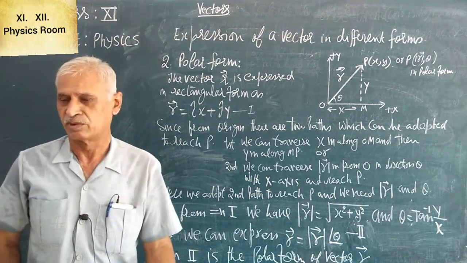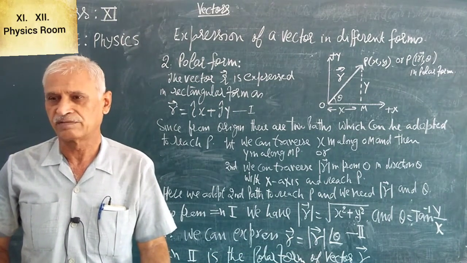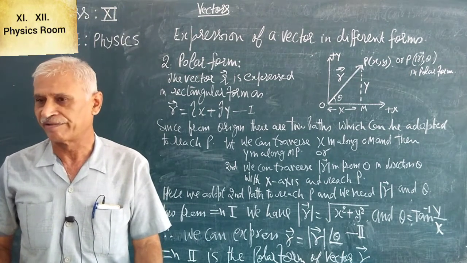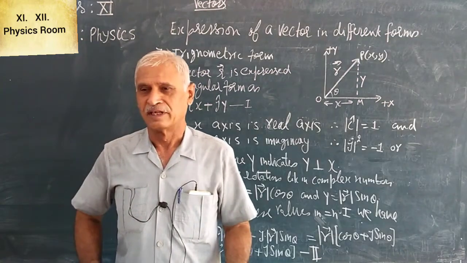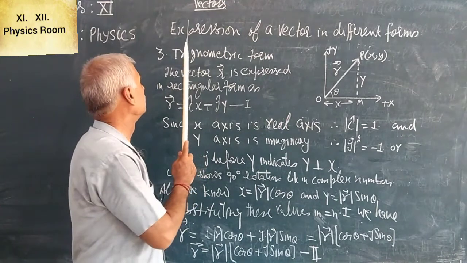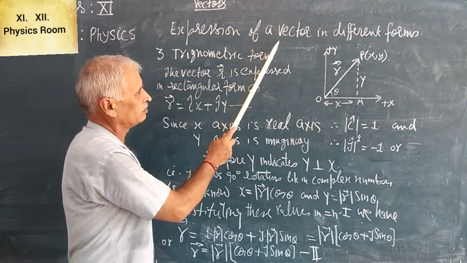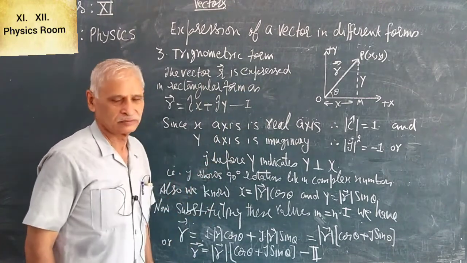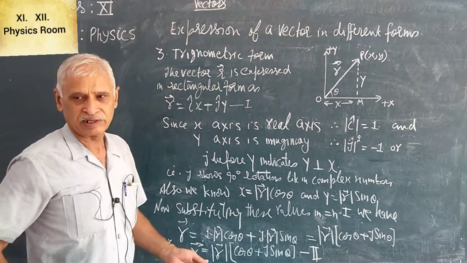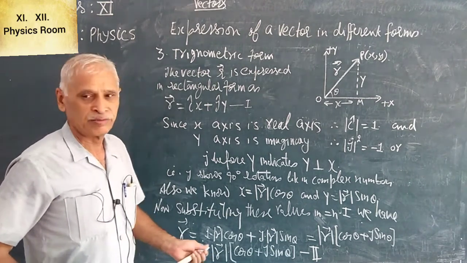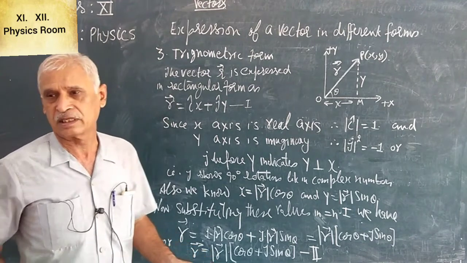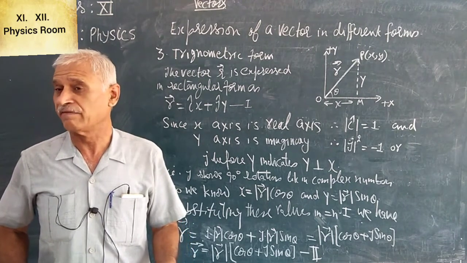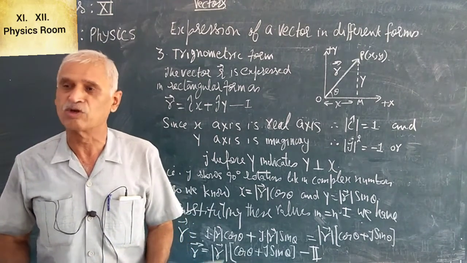Now we come to the third form of expression of a vector, which is the trigonometric form. Already we have expressed the vector in rectangular form and in polar form, and now the same vector is to be expressed in trigonometric form.